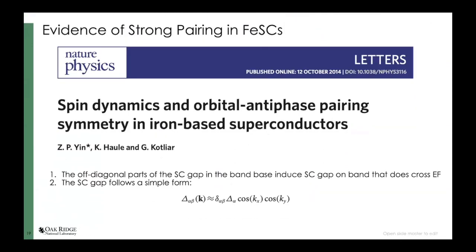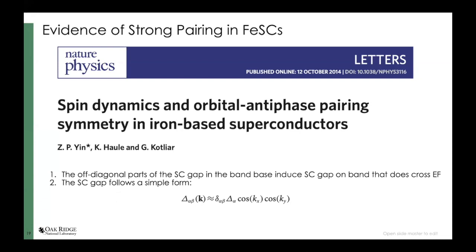Then we noticed this very interesting paper, published at a similar time, where Jiangping, Christian, and Gabi studied systematically the pairing mechanism in iron-based superconductors. Aside from the orbital antiphase pairing, there are two pieces of information that we find very interesting. The one is they comment that because of the off-diagonal part of the superconducting gap, they do expect a superconducting gap on a band that does not cross EF, which is identical to what we discovered experimentally.